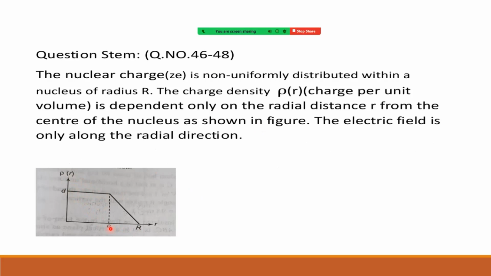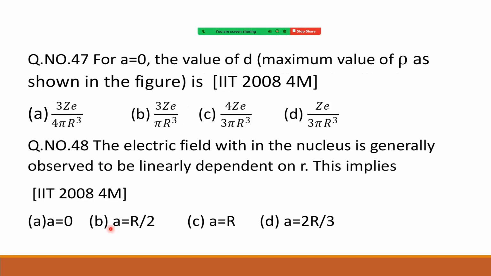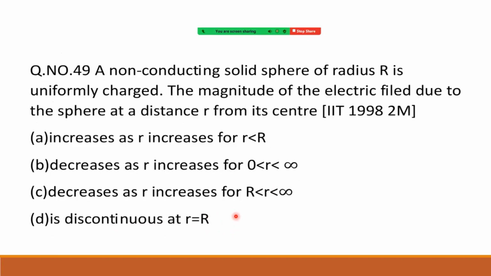That means from the center of the nucleus up to the surface of the nucleus, density must be constant. In that case only, the field is linearly dependent on R. Therefore, A must be equal to R. Okay. Right. See next one.